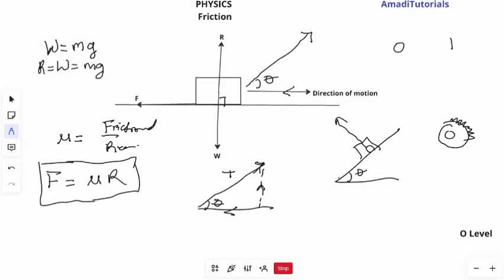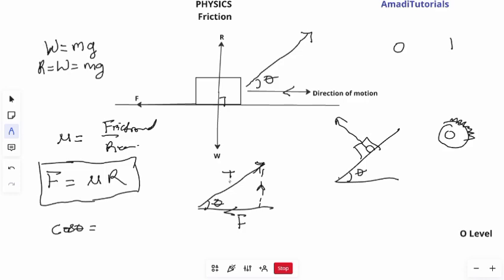Remember, this place is F, so if you are relating T, that's the tension on the string, and F, the frictional force, what will it be? Adjacent over hypotenuse, that will be cos theta.